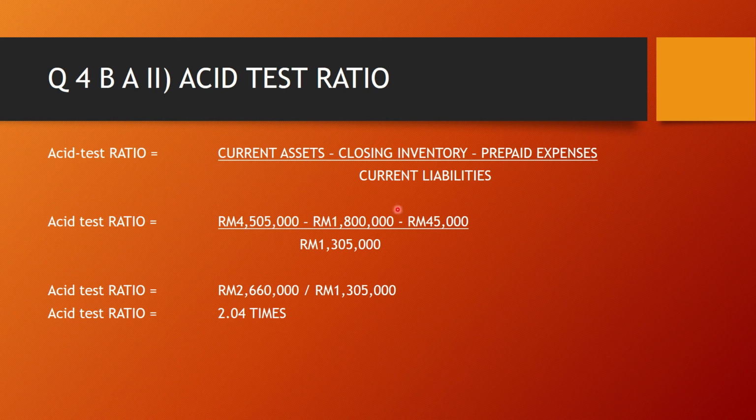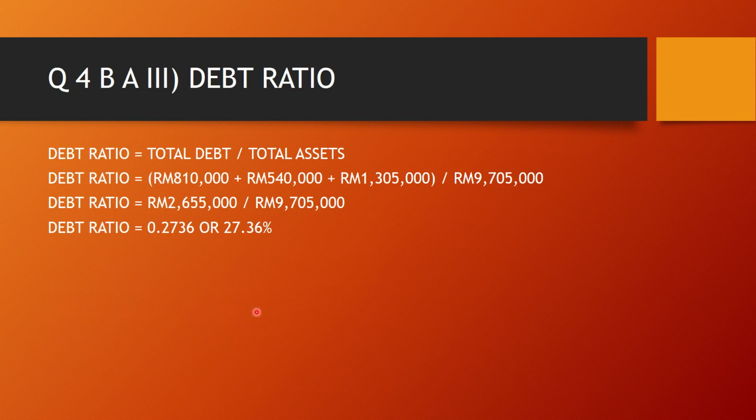The closing inventory is 1.8 million, and the prepaid expenses are 45,000. So current asset minus closing inventory minus prepaid expenses is RM2.660000, and then divided by current liability, 1.305 million. The answer for acid test ratio is 2.04 times.